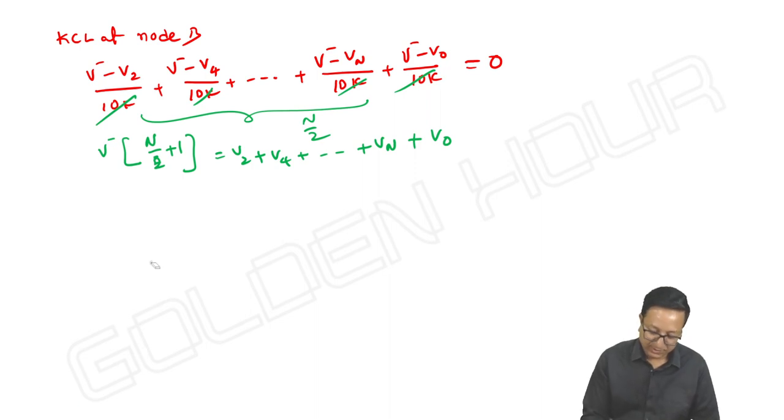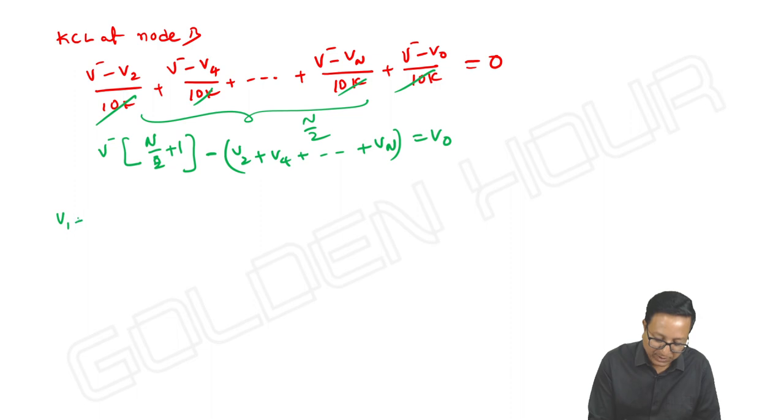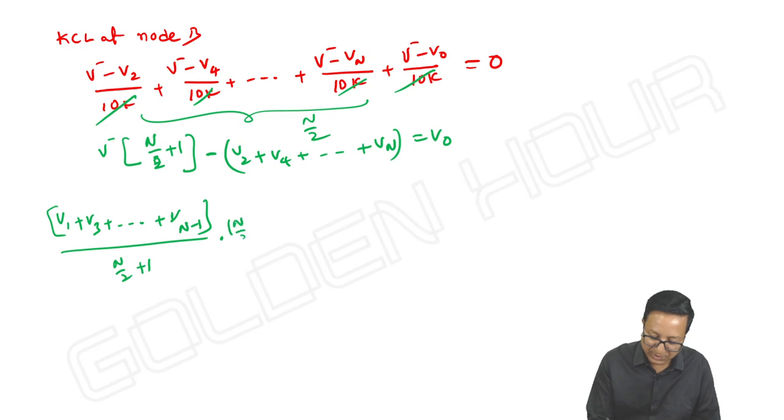Or I will do one thing. Here you take V minus is equal to output. That's much better. And what is V minus? V minus is equal to V plus is equal to V1 plus V3 plus so on plus Vn minus 1 by n by 2 plus 1, multiplied with n by 2 plus 1, minus of V2 plus V4 plus so on plus Vn.